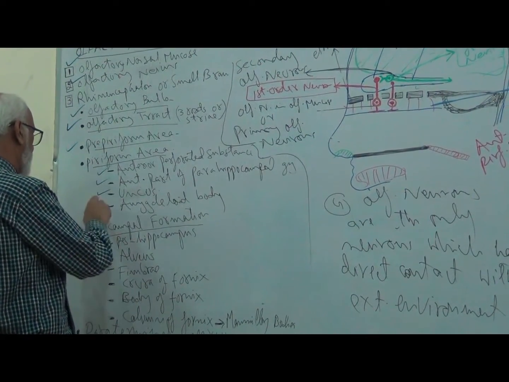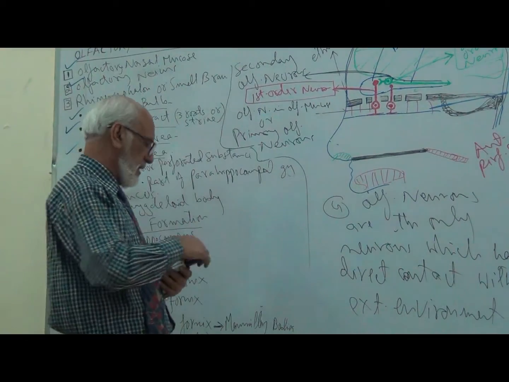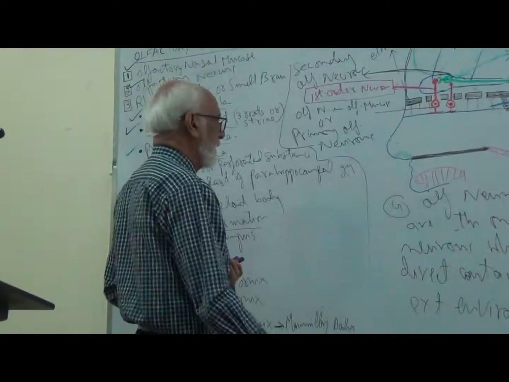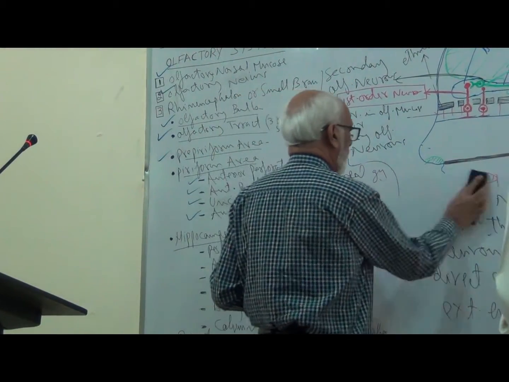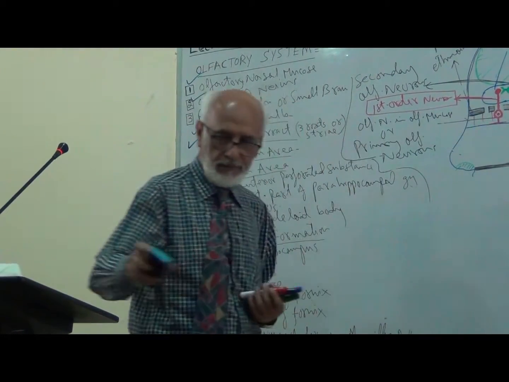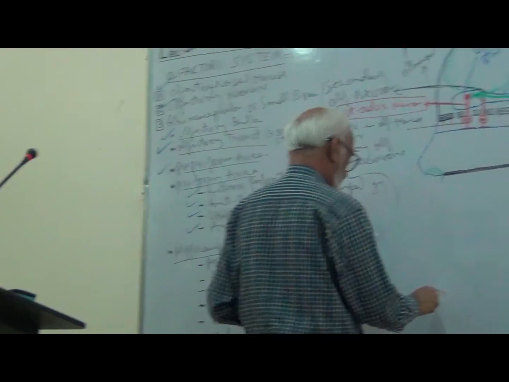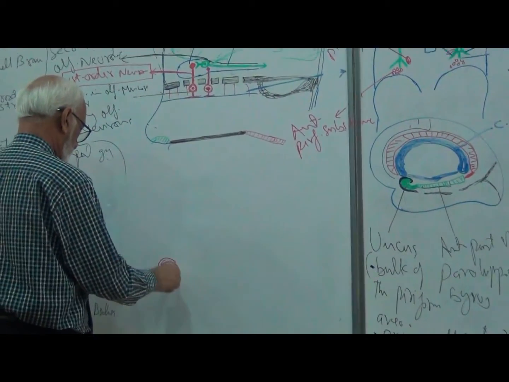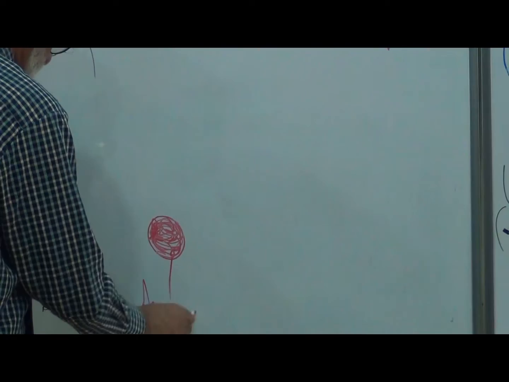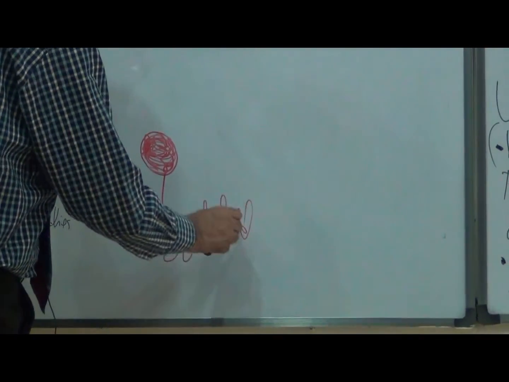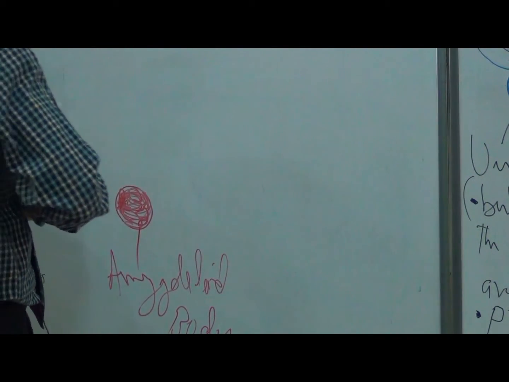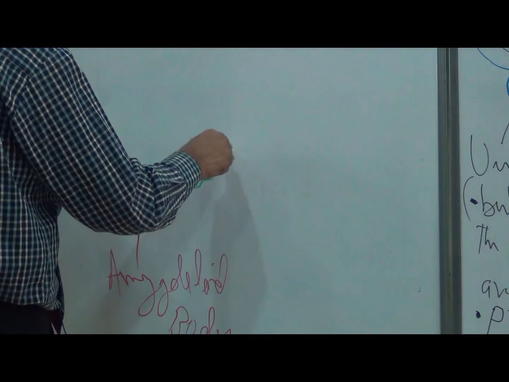Next, the amygdaloid body, which we already discussed with the limbic system. From it, a bundle of nerve fibers arises, known as the stria terminalis.